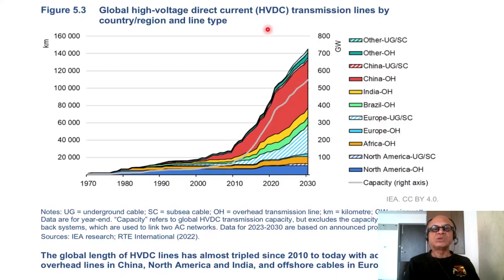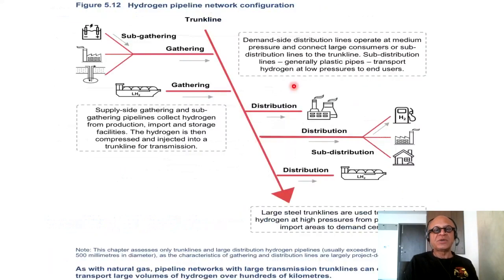In other words, HVDC, high voltage direct current transmission, is expected to increase. The global length of HVDC lines has almost tripled since 2010. So here is the historic record to today, with additions of overhead lines in China, North America, and India, and offshore cables in Europe. And this is expected to continue in the IEA projections.